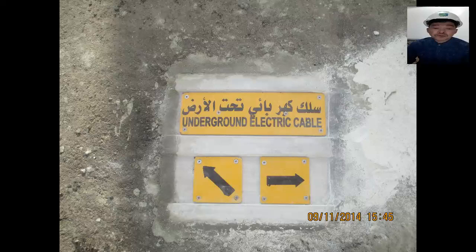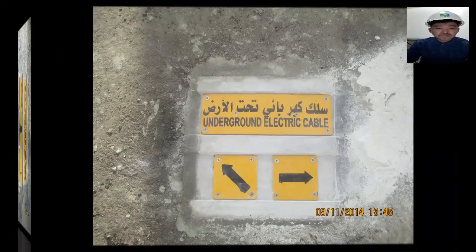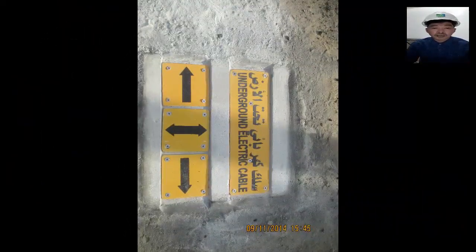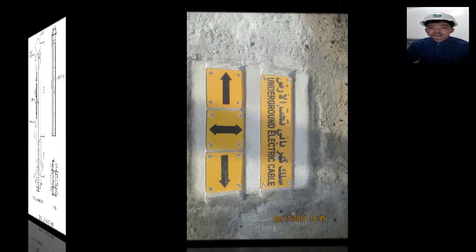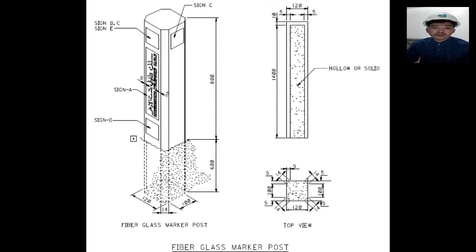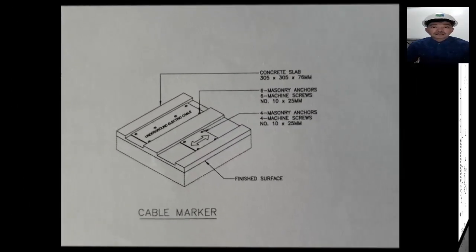Cable markers shall be provided for all underground cable installation. This is the picture of the cable markers, and it shall be provided for all underground cable installation. This is for the pavement marking. Normally around the tank it is pavement, so normally we will use this type of cable marker.